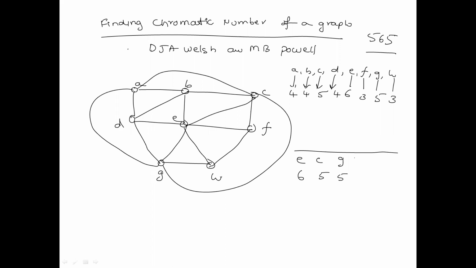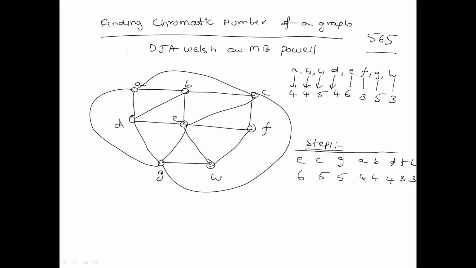Then there are 3 vertices with degree 4: A, B, D. And then there are 2 vertices with degree 3. So this is step 1: you write the vertices in the decreasing order of their degrees.